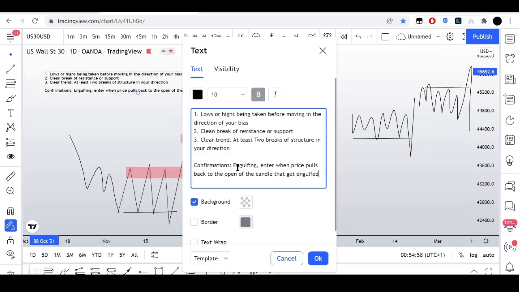Or it could just tap right back into it. Even if it's the wick, you can enter off of there, but I'm just training you to enter at the engulfing. Okay, so that's one.